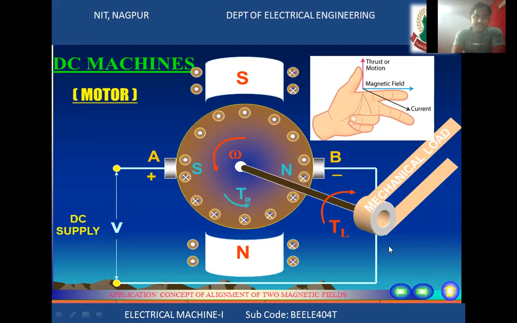Next part is your DC motor. In a DC motor, the DC supply will be there, and you will get mechanical force at the output. The electric field will be there, the magnetic field will be there, and you will get output as a mechanical force.